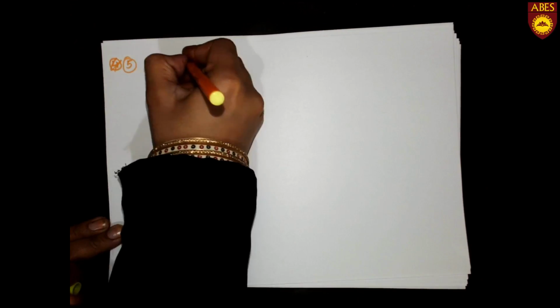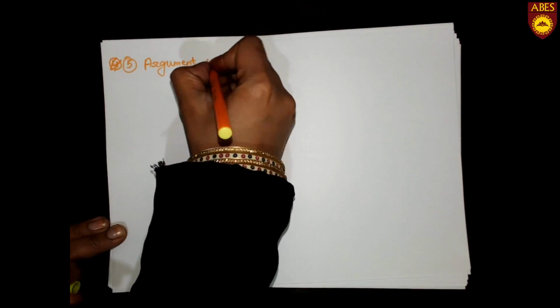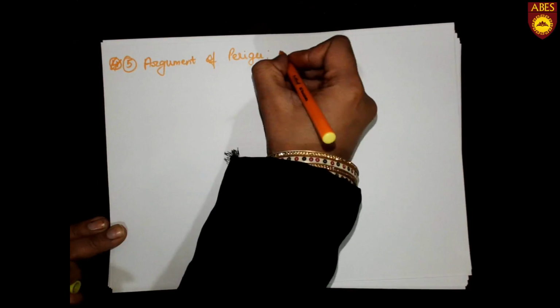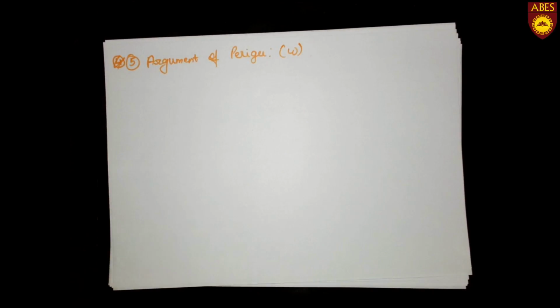Then the fifth parameter was argument of perigee, which is denoted as small omega. Argument of perigee is another concept which is related to the ascending node.